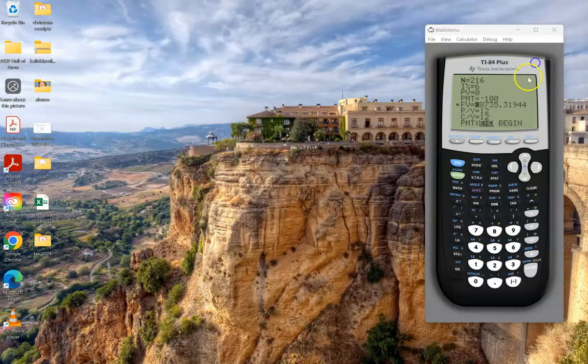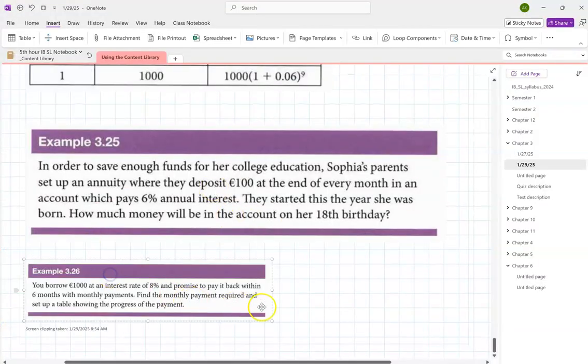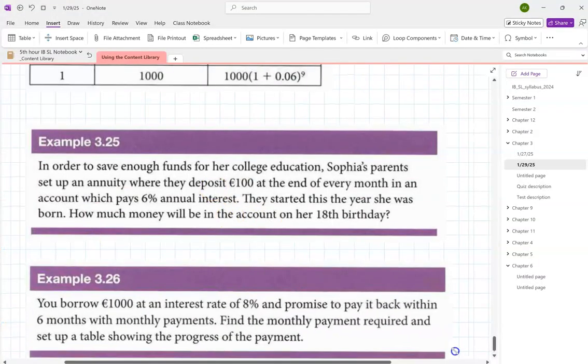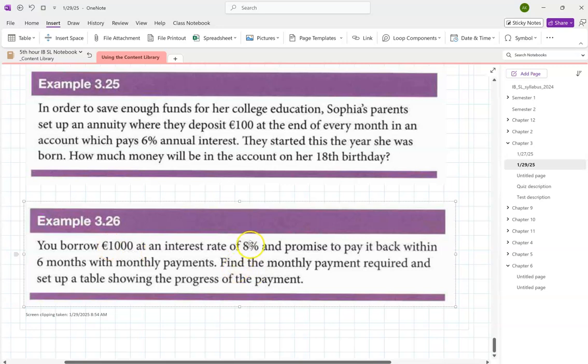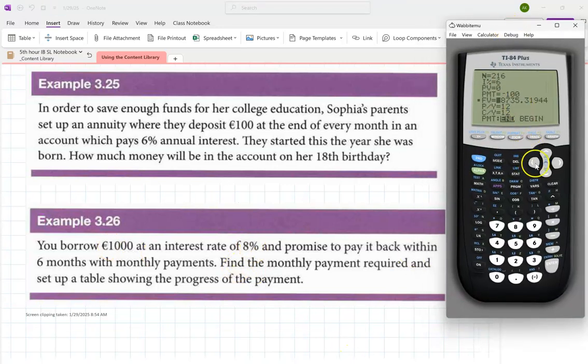If we say have this one, you borrow $1,000 at an interest rate of 8%. So here the future value should be positive $1,000, 8% interest.